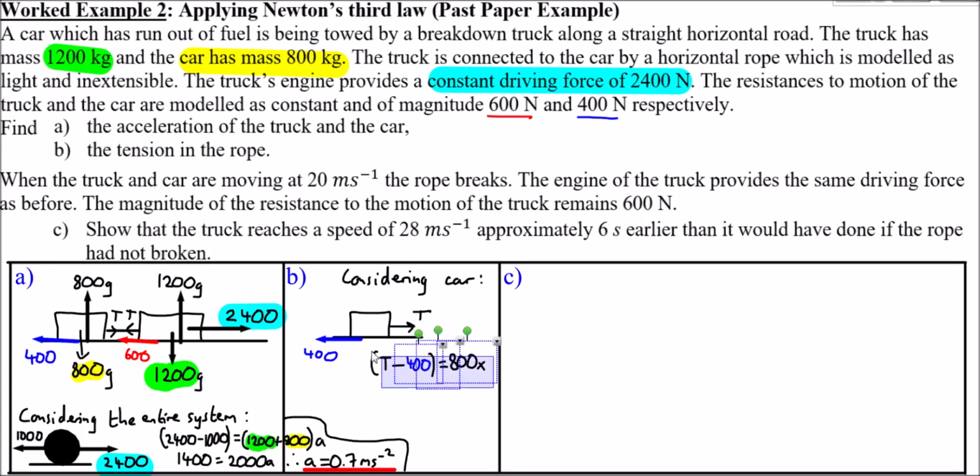So that times 0.7. So rearrange this. Therefore T for tension is going to be 800 multiplied by 0.7 plus the 400.